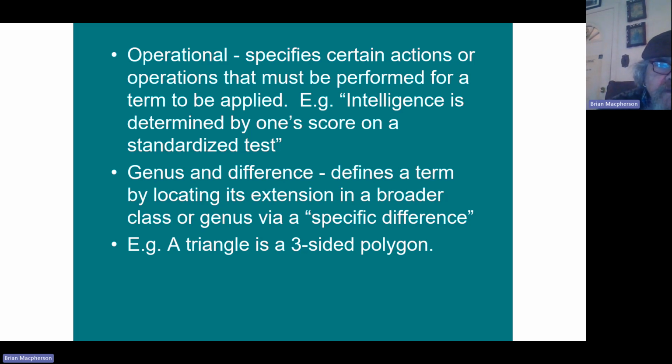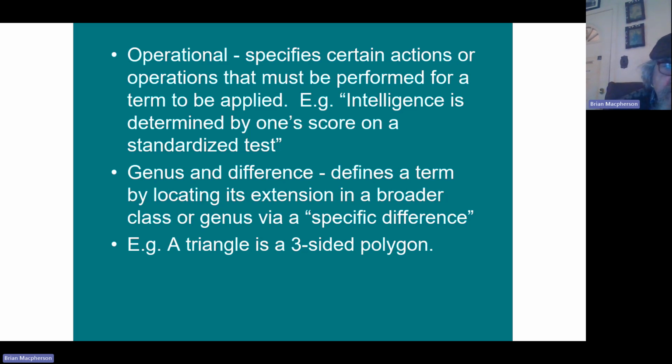Genus and difference. It defines a term by locating its extension in a broader class or genus via a so-called specific difference. I know that sounds kind of technical, but here's a specific example. A triangle is a three-sided polygon. The word to be defined is triangle.